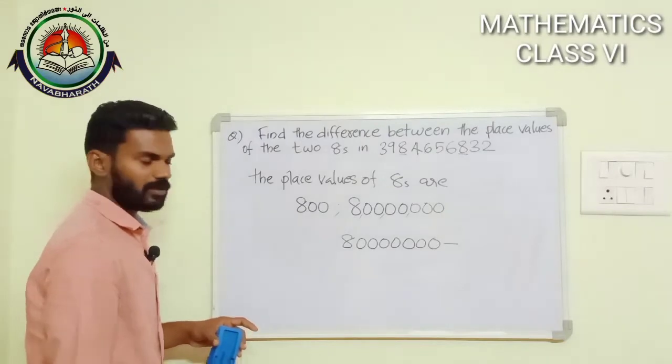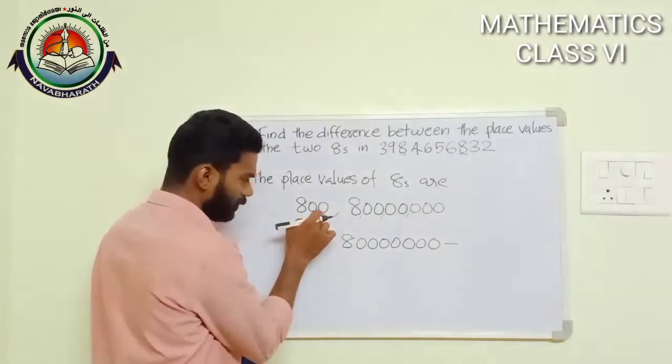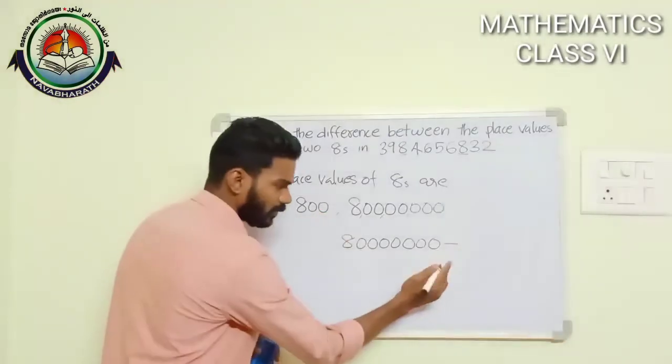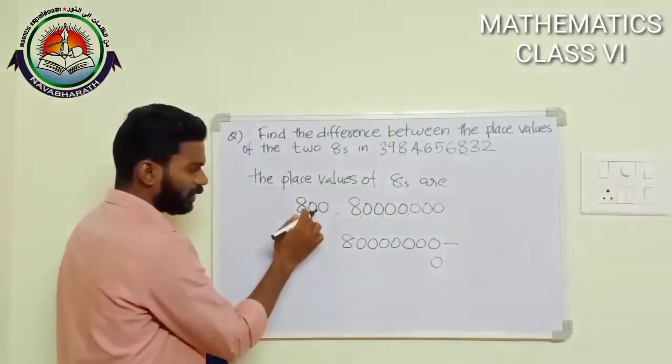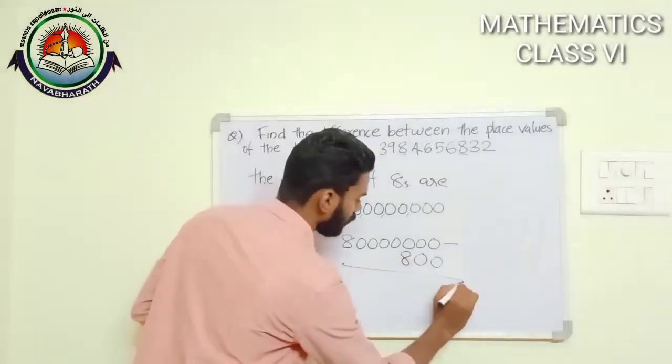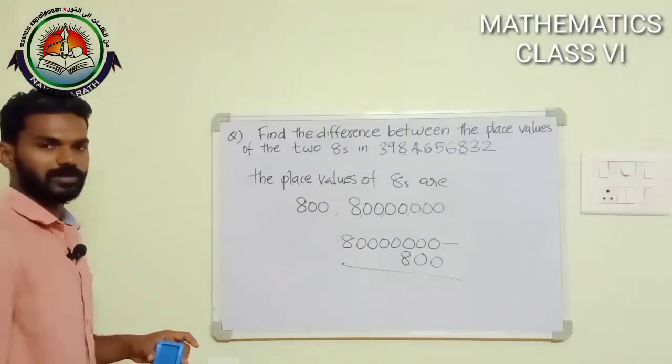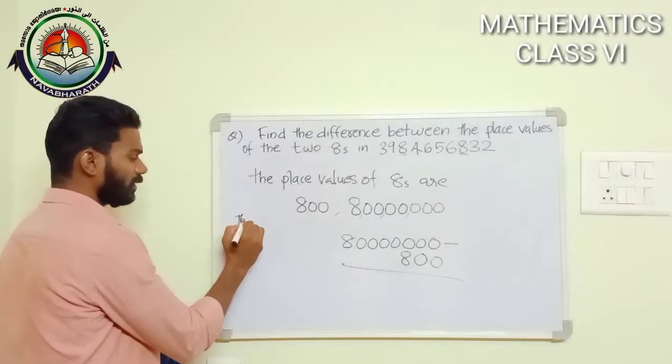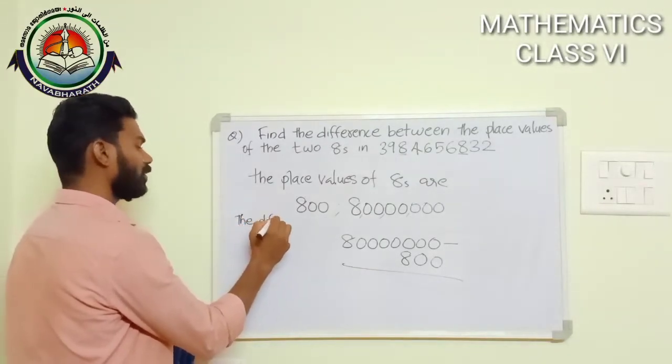To subtract, we first write this 0 at the ones place, then also 0, and so on, then there is an 8. So this would be the answer, the difference in place values.